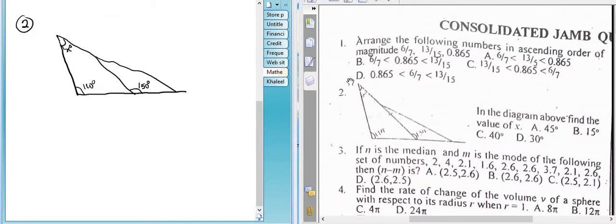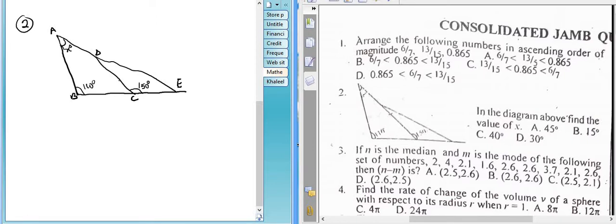Okay, so question number 2 is: in the diagram above, find the value of x. So this is the diagram, and we want to find the value of x. Let's label the diagram. Let's say here is A, here is B, and here is C, here also is D, and here is E. You know that the sum of angles on a straight line is going to give you 180.